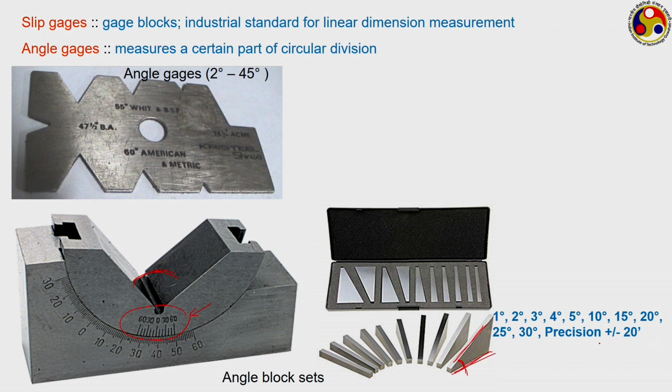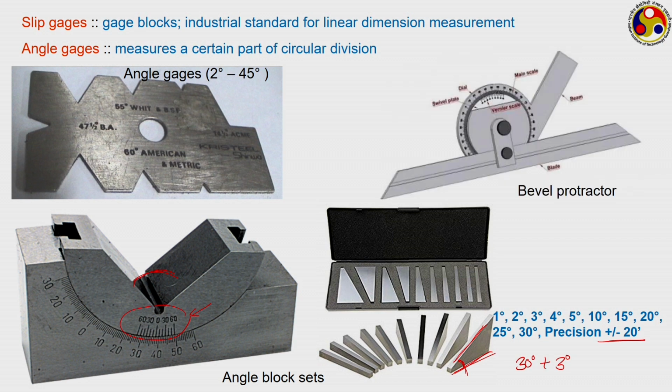These are different standard angles with which we can get these sets. Suppose our objective is to measure an angle which is not there, say we want to measure 33 degrees, you can easily combine one 30-degree block and one 3-degree block to get 33 degrees. They generally are highly accurate, precision being in the range of just a few arc seconds.